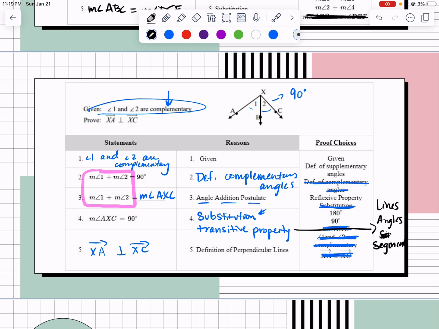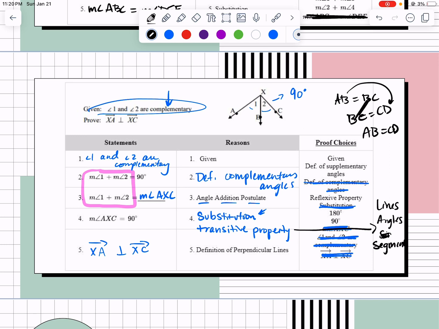The actual property says if AB is equal to BC, and BC is equal to CD, then AB is equal to CD. Essentially, if these two are equal, then these two have to be equal.